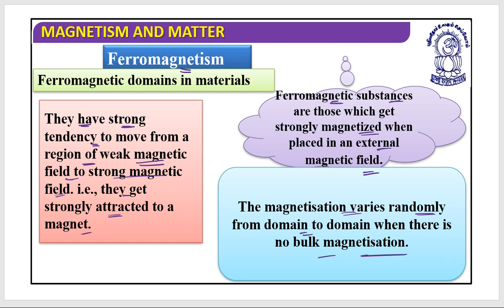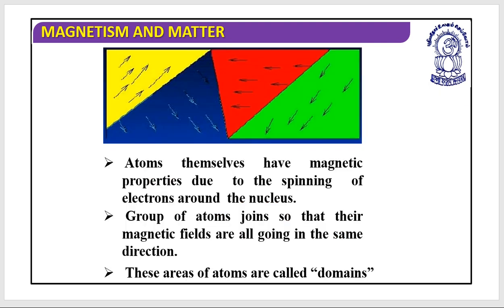Got it? Great. So look at this. It is the situation when these materials are not placed in any external magnetic field, they are free from any external magnetic field.